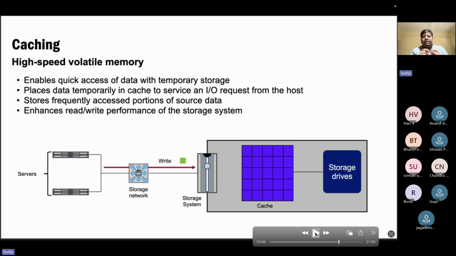Who generated that data? You and me generated that data. But who is writing that data to the storage system? We are not writing. The application which is running on the server is writing to the storage system on our behalf.